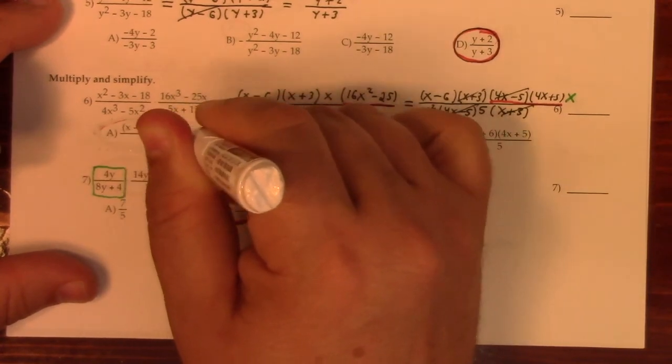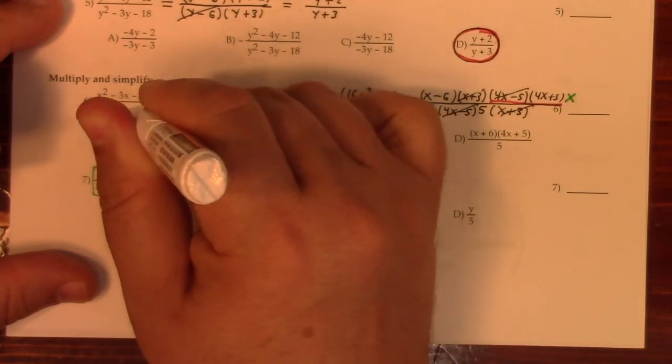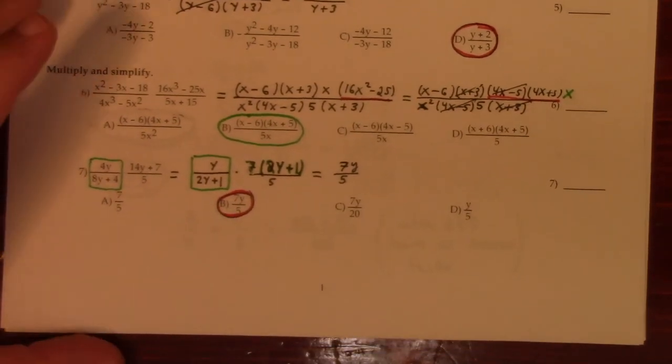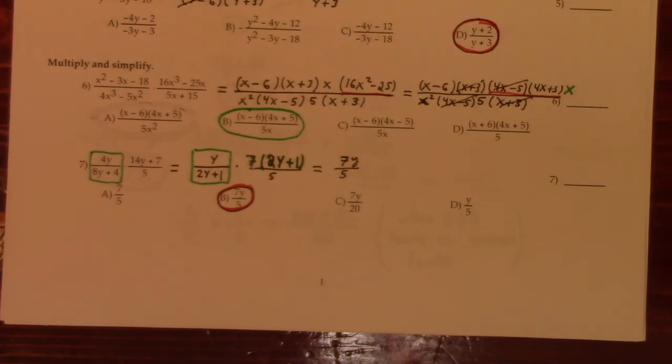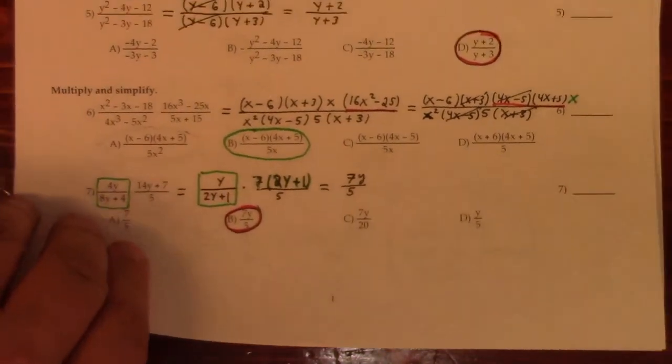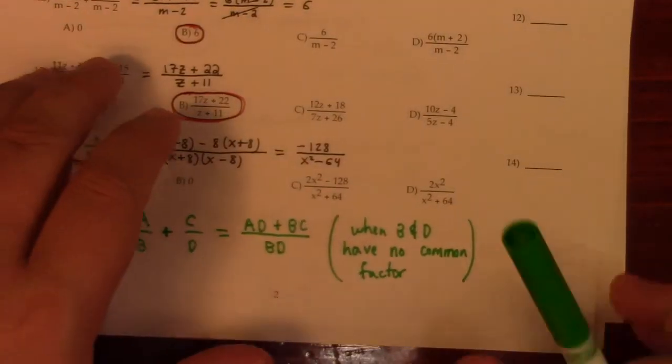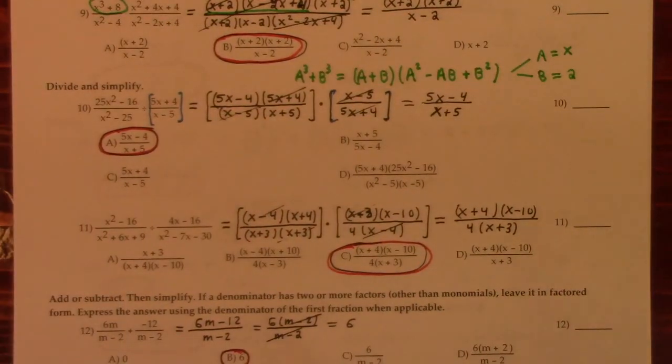Let's continue on here. Double check my work. Number 7 was supposed to be B. I got B. All right. Usually the answer key is right and I'm wrong, so we'll at least double check it if I disagree with the answer key.